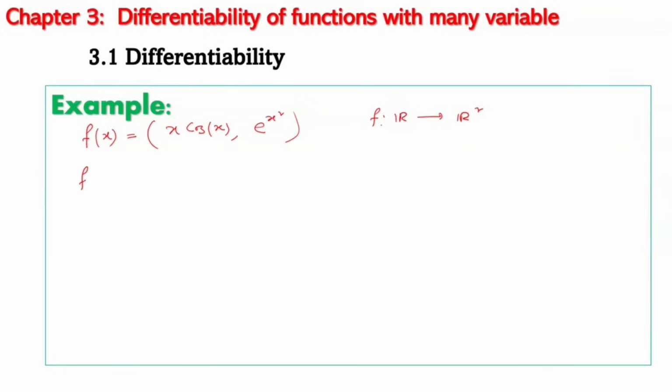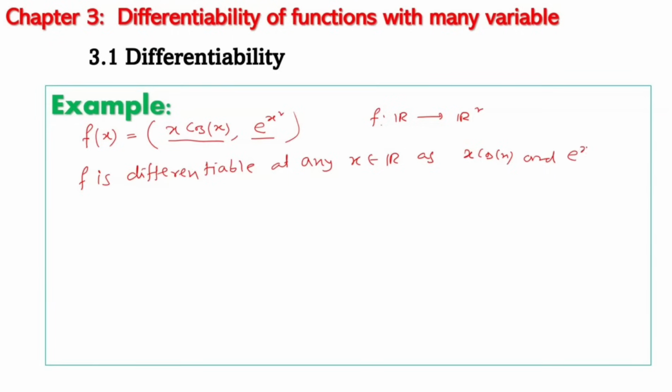So the function is differentiable if each of these components is differentiable. This is differentiable, this is differentiable. So f is differentiable at any x belongs to R, as x cosine x and e to the power x square are differentiable.